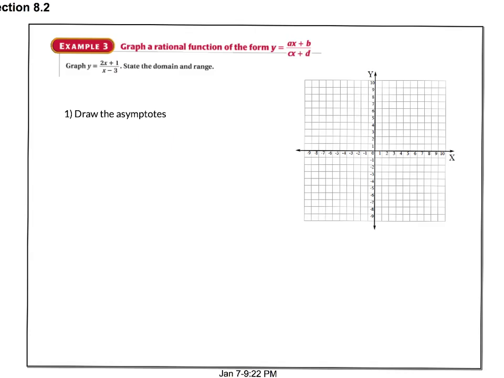So looking at example 3 here, you can see that you have rational functions in this form where you have a linear function dividing another linear function, or being divided by another linear function. And here is the example. Y equals 2x plus 1, all divided by x minus 3. First job is to find your asymptotes. And so I'll start with the vertical asymptote.